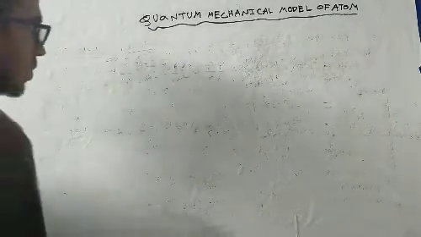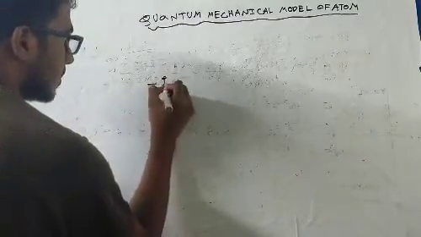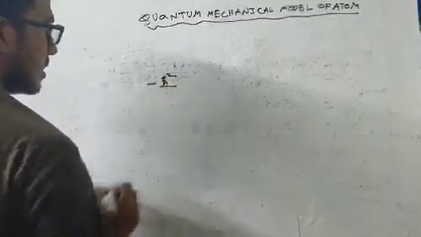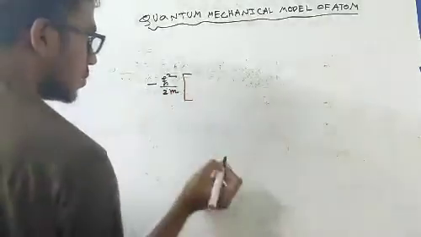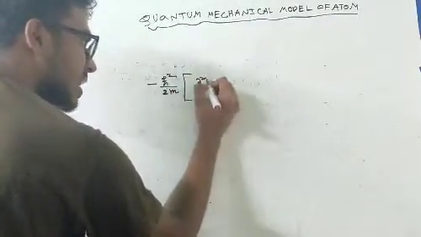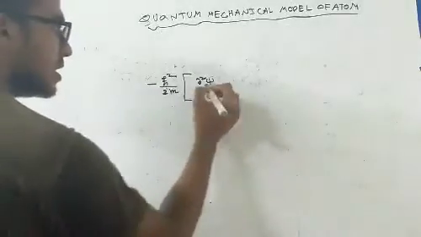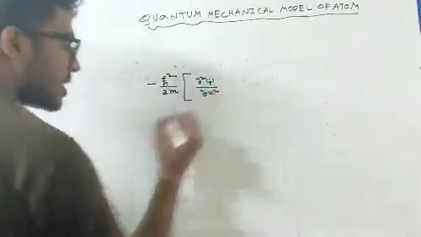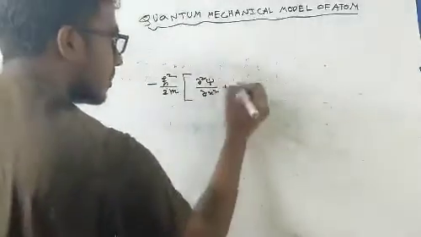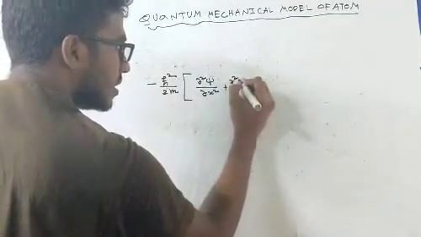So we said that minus h-bar squared by 2m into del squared psi. That means I am doing a double derivative on psi with respect to x squared, so del squared psi by del x squared, plus del squared psi by del y squared, plus del squared psi by del z squared.